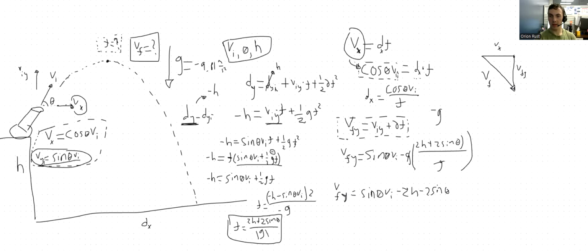We just use our basic Pythagorean theorem, right? A squared plus B squared equals C squared. So Vx squared plus Vfy squared equals Vf squared. Beautiful. Essentially we square this term right here, and also square this term right here. Then we put both of those into our equation, take the square root, and it's smooth sailing from there.